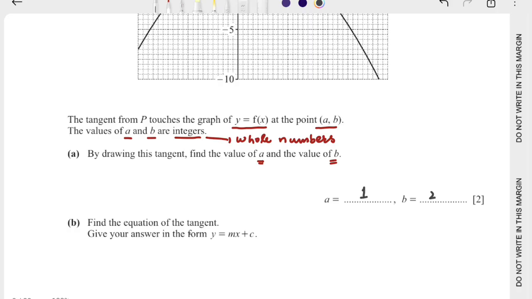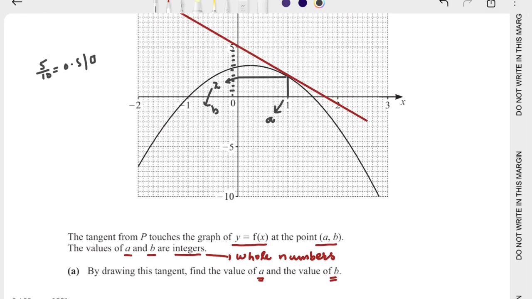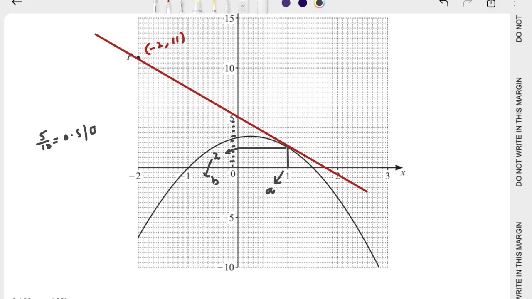Find the equation of the tangent. Give your answer in the form of y is equal to mx plus c. Now look at the line that is passing through P. To find the equation, take any 2 points.